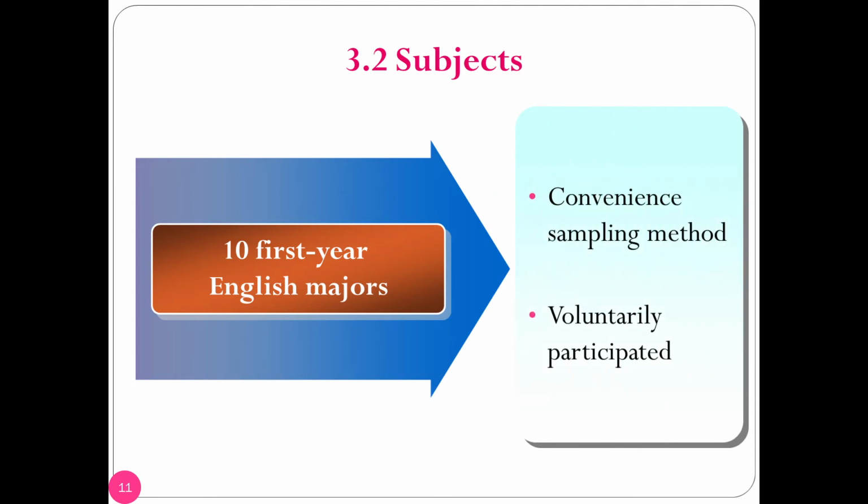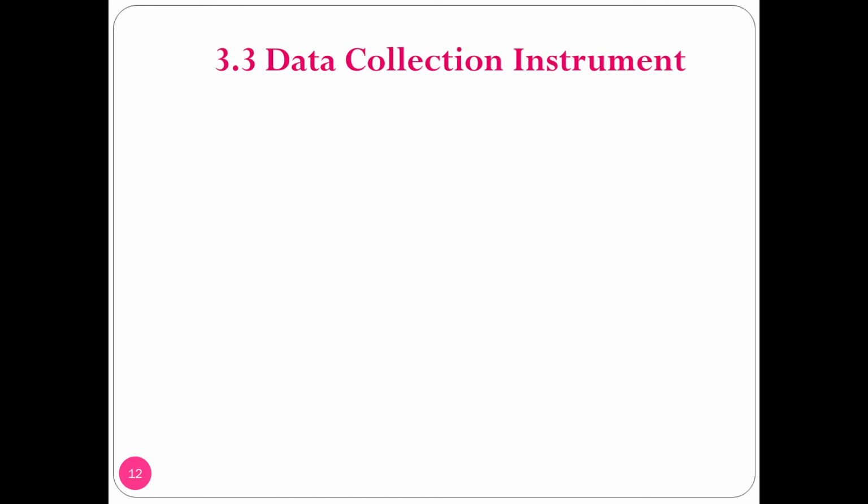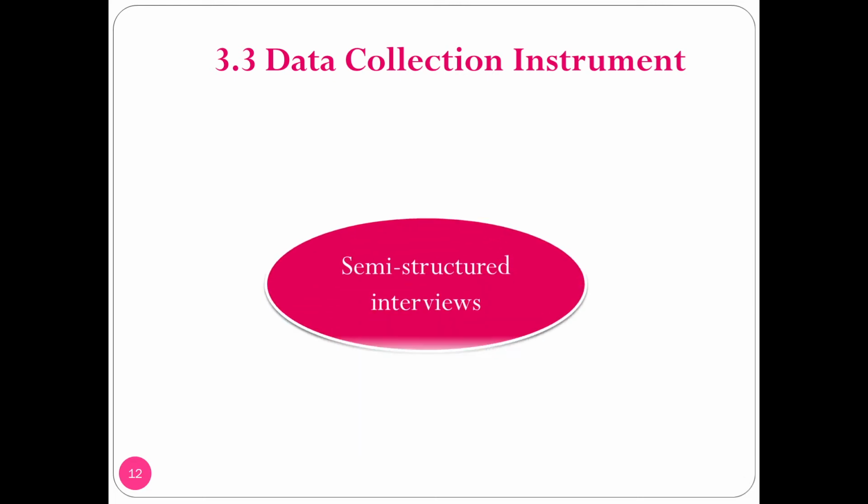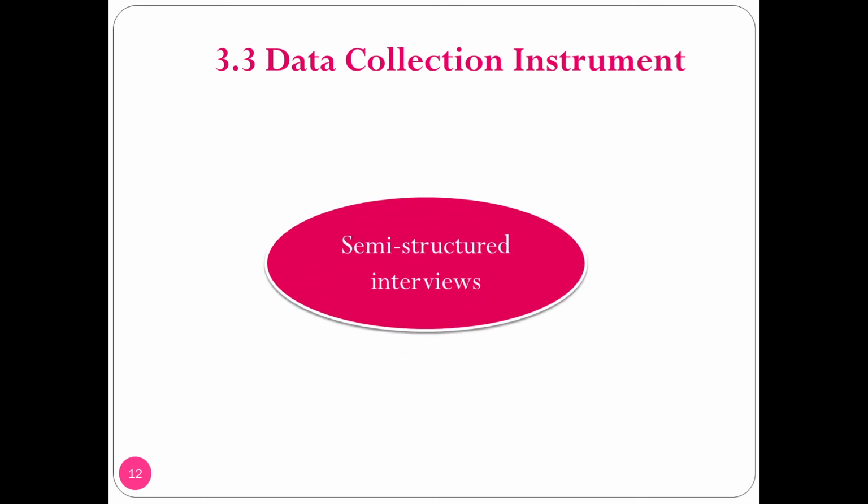They were conveniently selected and voluntarily participated. The data collection instrument of the study was semi-structured interviews, which were employed to get in-depth information about the roles of learner autonomy and the students' use of self-regulated learning strategies, as well as the reasons and factors affecting their use.